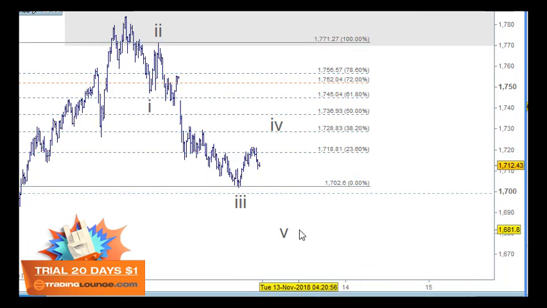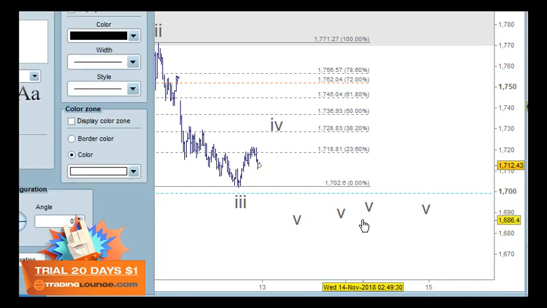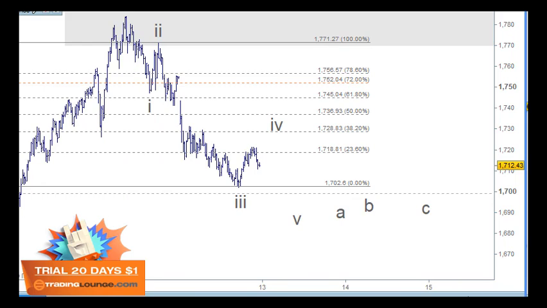So once this is done here, then 5 waves down here, wave 1 here and wave 5 will be roughly the same length, and then we'll be looking for an ABC pattern back to the upside here. So get these tools working.